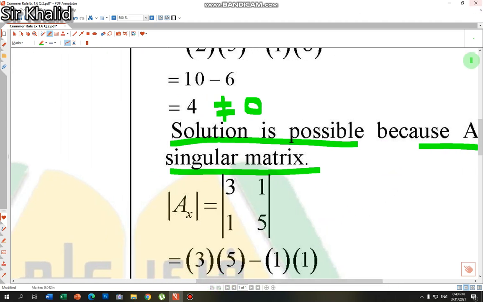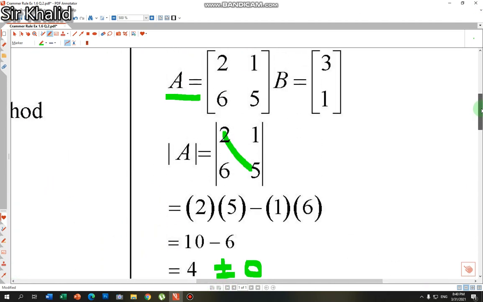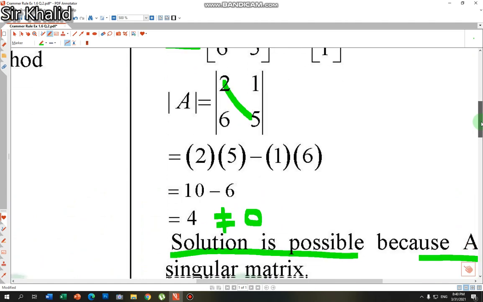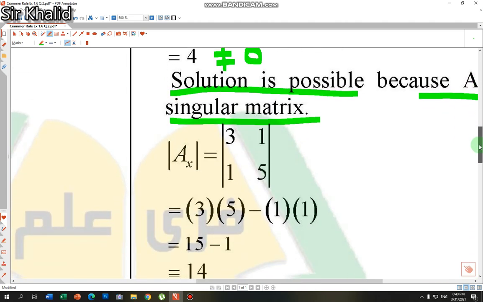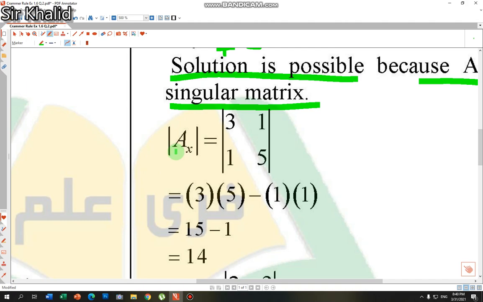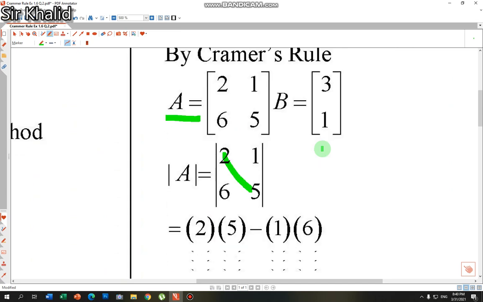Now, a point to be noted here: in this method you have to calculate |AX|. This is the column for the coefficients of x.